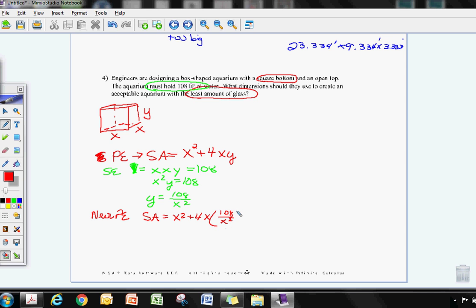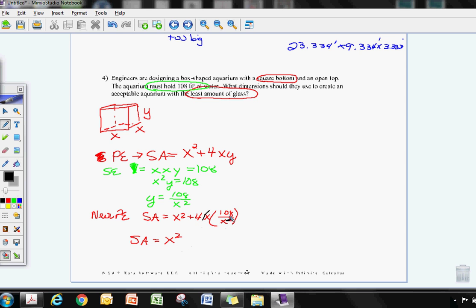Now, the algebra is where you guys usually get caught up. So let's talk through some of this algebra for you. I am going to rewrite that surface area formula. The X squared does not change. Now, changing colors so you can see where some of this happens. This lone X here will cancel with one of the X's down here.